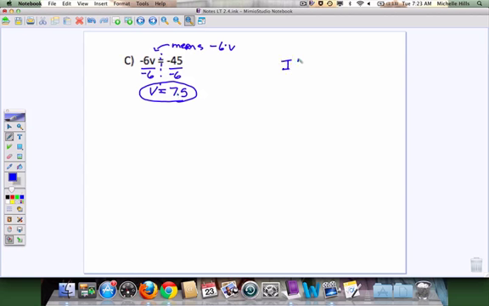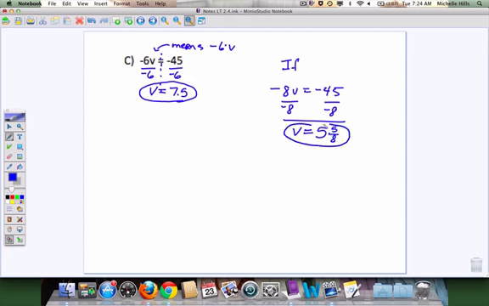If I ended up with a problem that was something, say this instead, -8v equals -45, then when I divide both sides by -8, v equals negative divided by negative is positive. 8 goes into 45 5 full times, and then there are 5/8 left over.